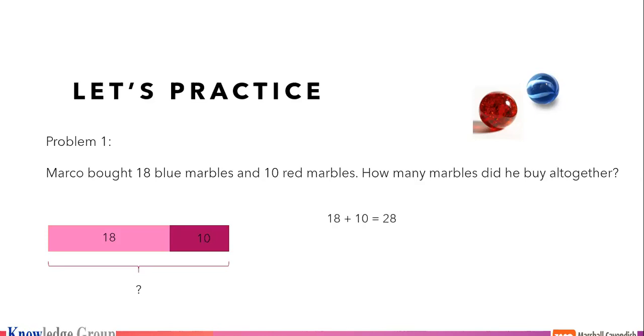So I have to add. Because when I add, I put two amounts or two numbers together. I'm gonna add 18 plus 10 equals 28. That means that Marco bought 28 marbles altogether. And 28 is my total.